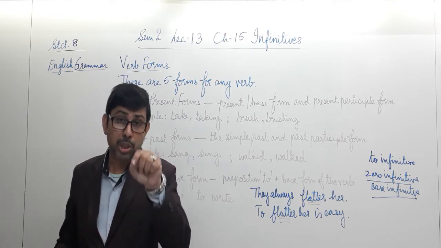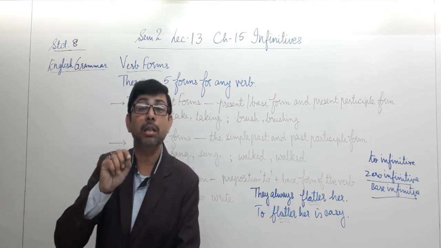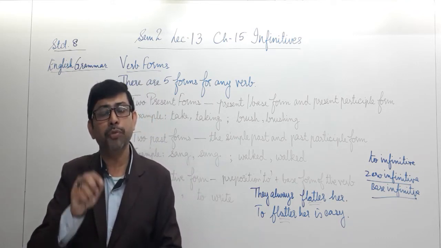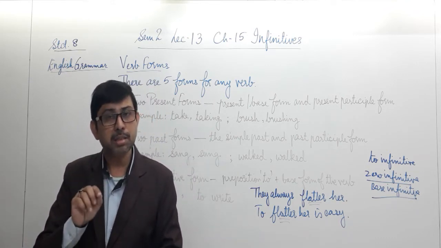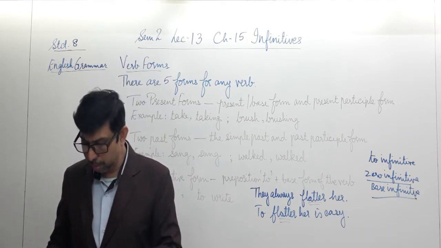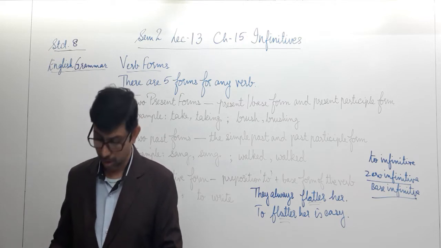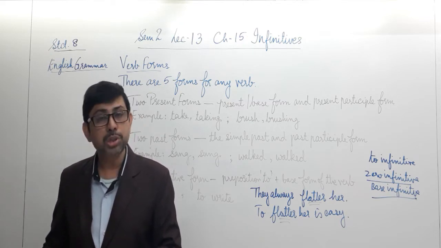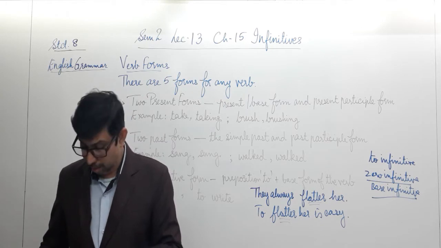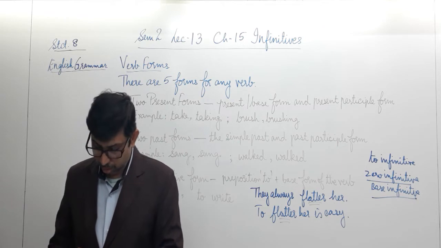We are using the word it as an introductory word, playing the role of a subject over here. It is wrong to steal. So it is used as an introductory word and as a subject.